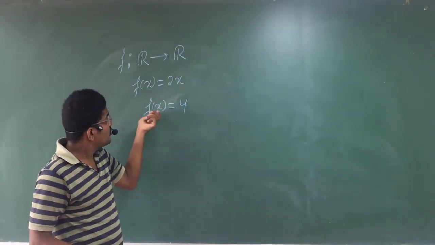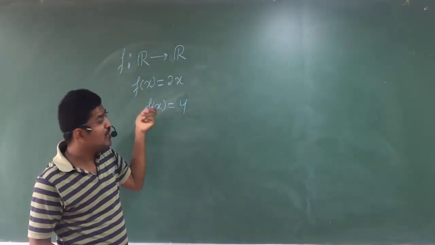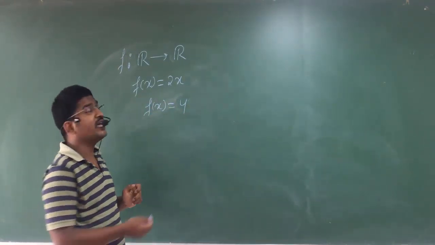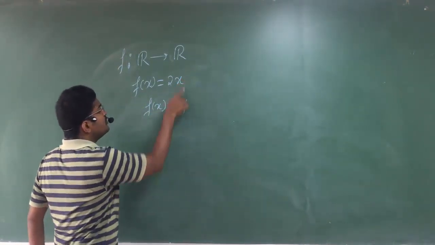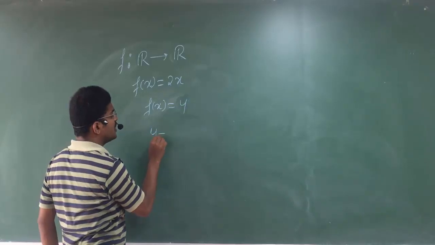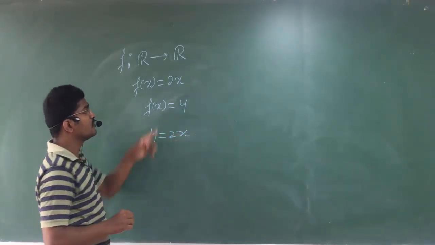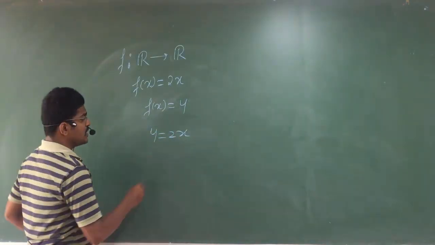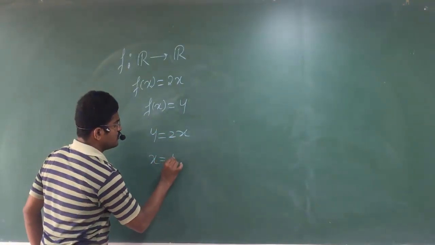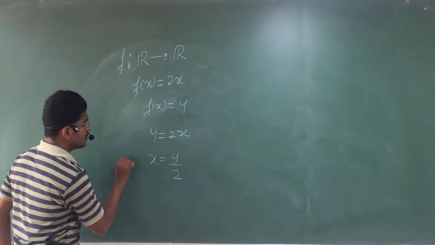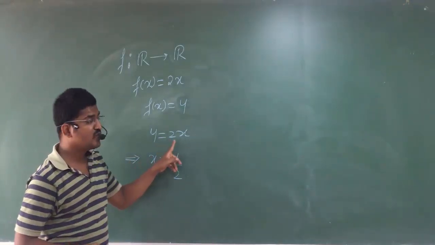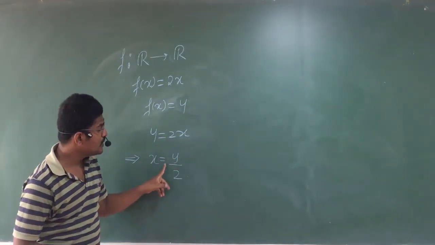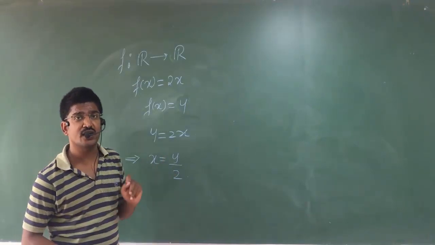This is the notation of f of x. So from these two, I will write y equal to 2x. Now x is equal to what? Y by 2. Are you getting my point?